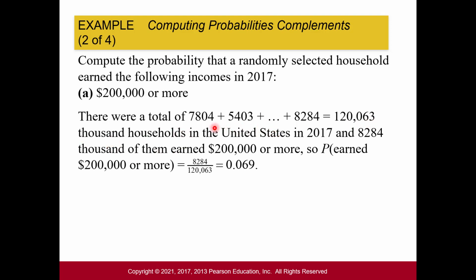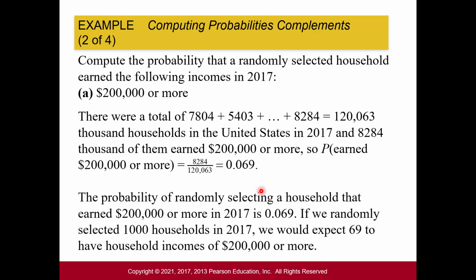Of them, the number that earned 200,000 or more was the very last cell on the right, which was 8,284, times 1,000, out of our total, so that's about 6.9%. And so the probability of randomly selecting a household that earned $200,000 or more in 2017 was about 6.9%. Another way to say that is if we randomly selected 1,000 households, about 69 of them would have this income.